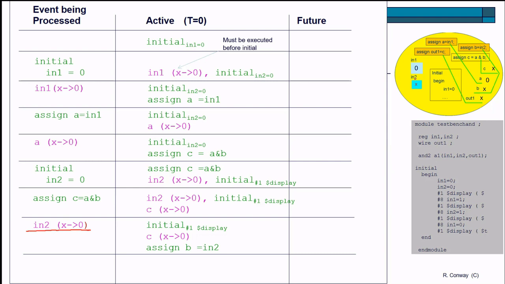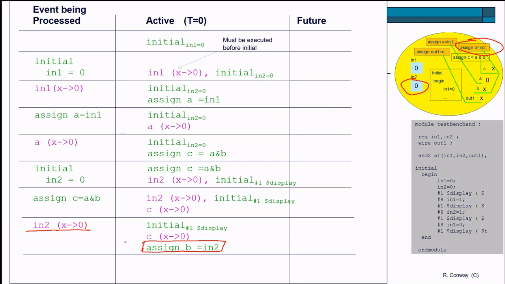So when we do that, N2 changes from X to 0. And an update on N2 will trigger this assignment to occur. So assign B is equal to N2 is added to the active event queue.